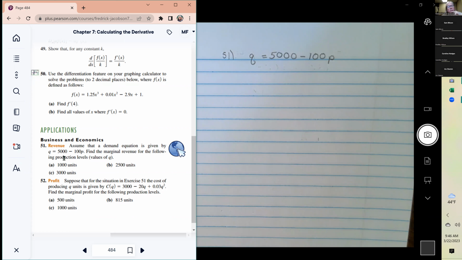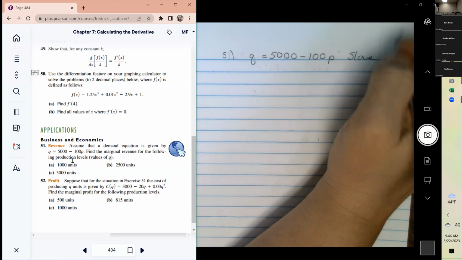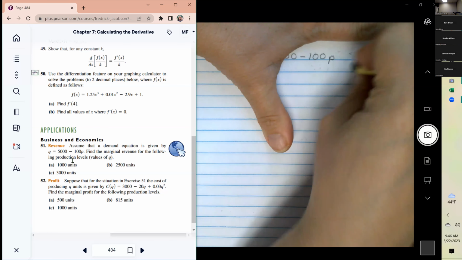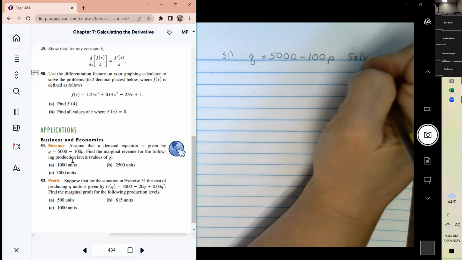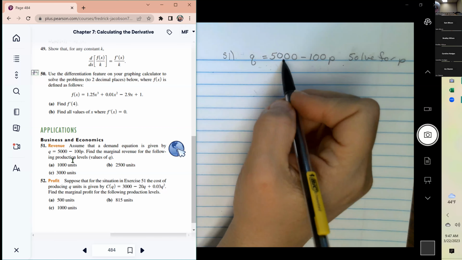Assume that the demand is given by this. Find the marginal revenue. So first we need to find the revenue function. That means this needs to be solved for P. Subtract the 5,000.